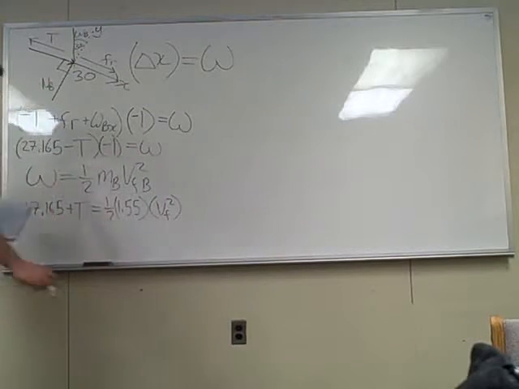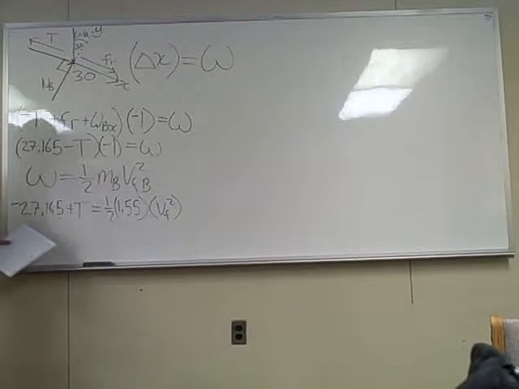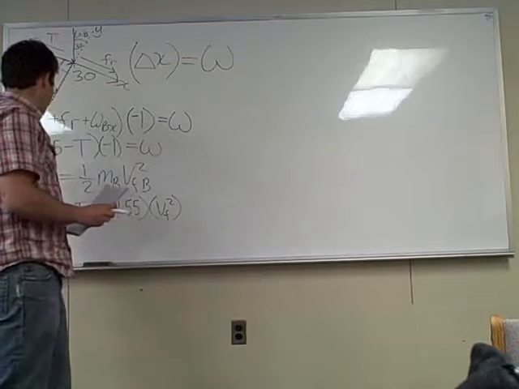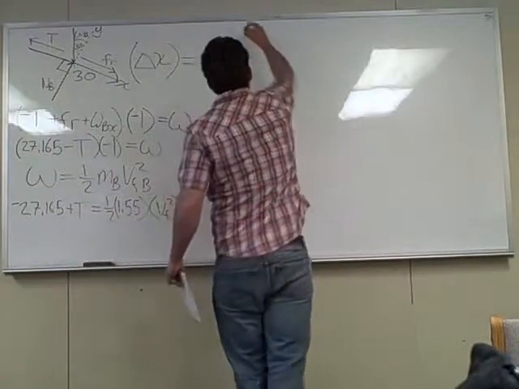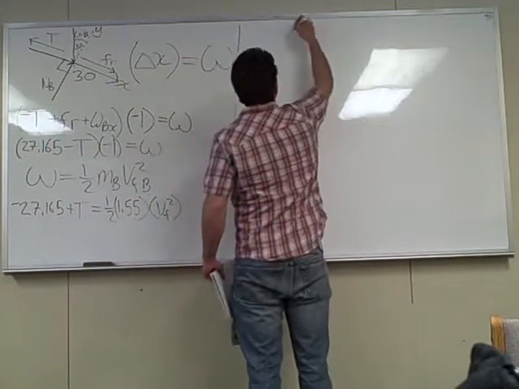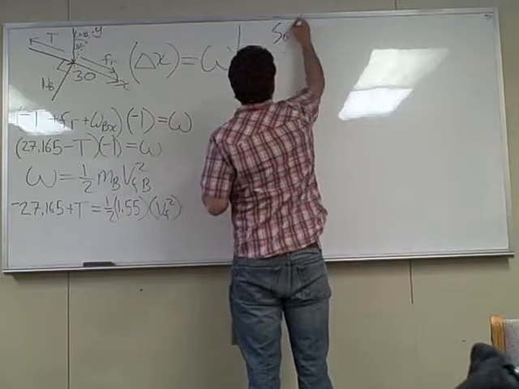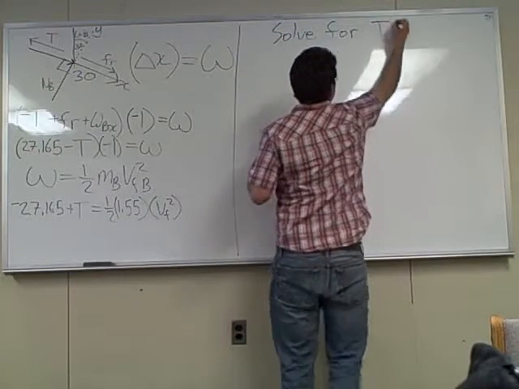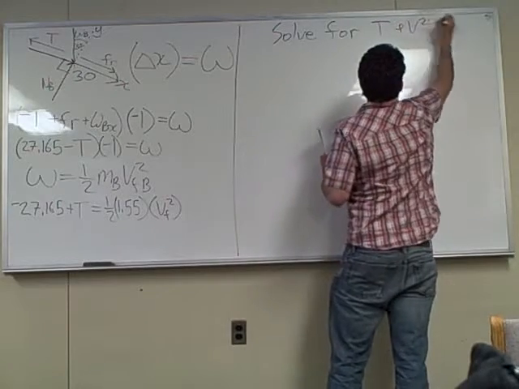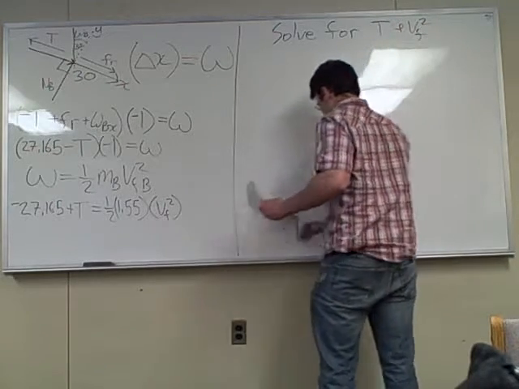And so now I have my second equation. I can now solve simultaneous equations for tension and final velocity. So now I'm going to solve for tension and final velocity.